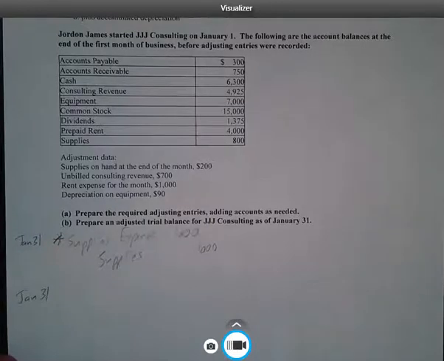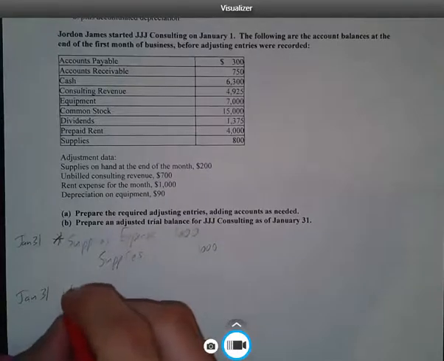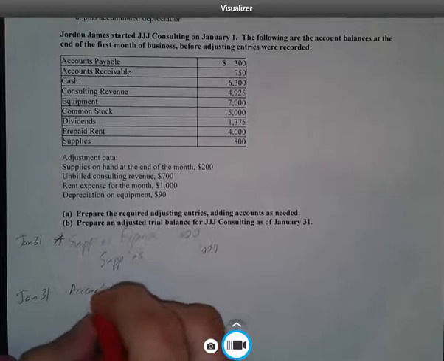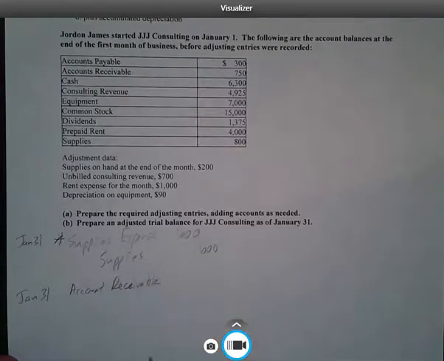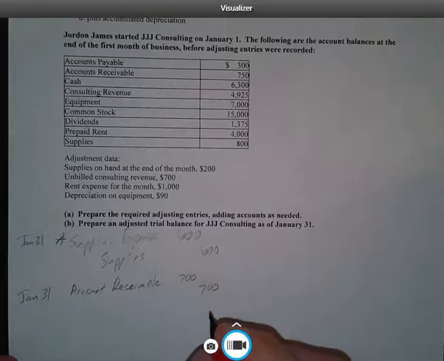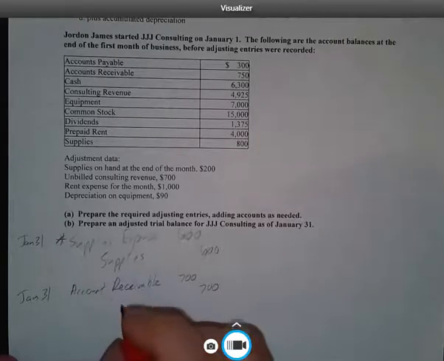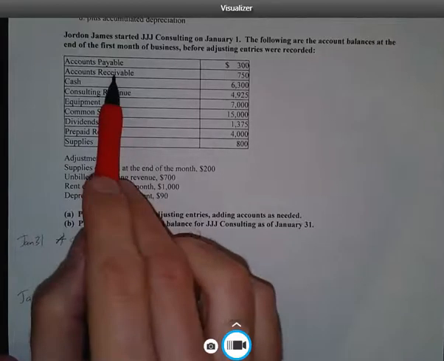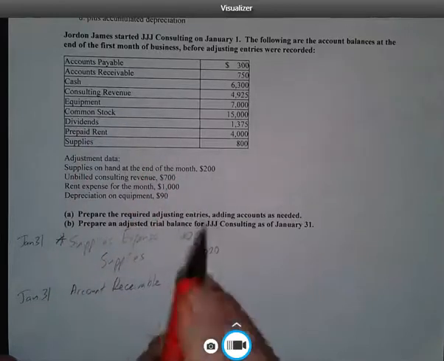So what we're going to do is set up an account receivable for that money, and that is $700. So we have an account receivable for $700, and looks like up here we have accounts receivable, so that's not going to be a new account. And then we also have consulting revenue.